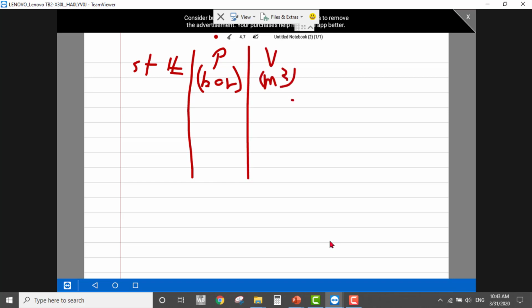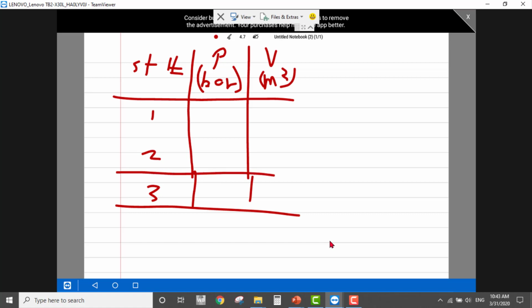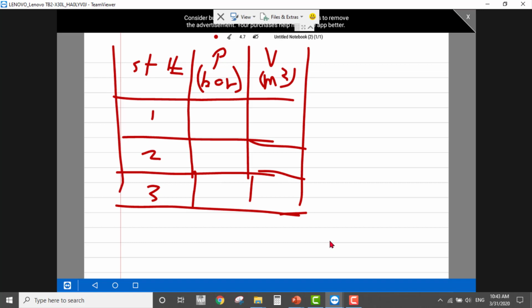This is very important, by the way. States 1, 2, 3. Just to make sure that we have everything before we start solving. And in order to draw the PV diagram, we need to know the exact location of each state.